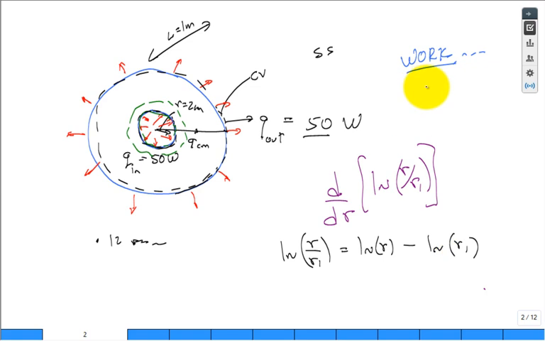Somebody says, I remember the natural log of x, and I remember how to take the derivative with respect to x of the natural log of x. What was that? The derivative? 1 over x. Aha! Those two pieces of information put together allow you to say, this is 1 over r. See?